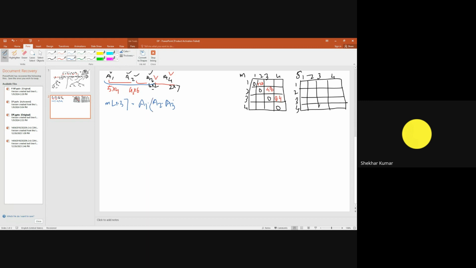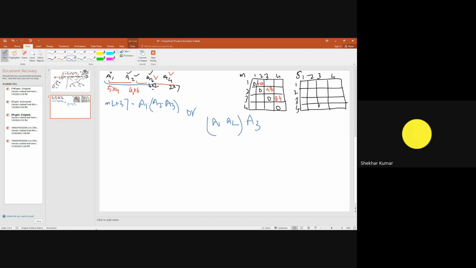At first I multiply A1 and A2, then I multiply this resultant with A3. When multiplying only two matrices there is only one way, but if I am multiplying three matrices, there are two ways. So I will have to calculate the cost of both approaches.